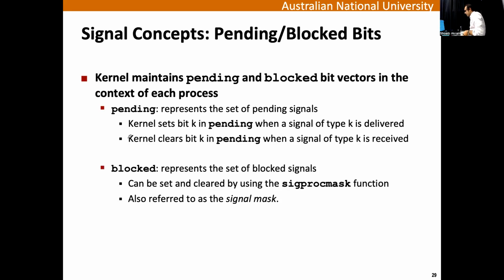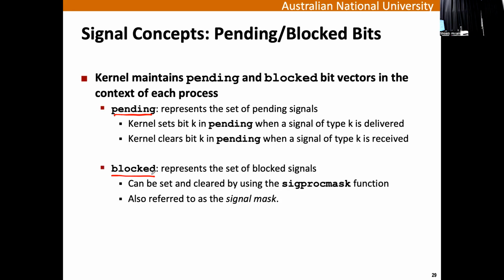The pending bit vector is how the kernel keeps track of which signals I need to deliver to the user process. And the blocked bit vector keeps information about signals that the user process has blocked.